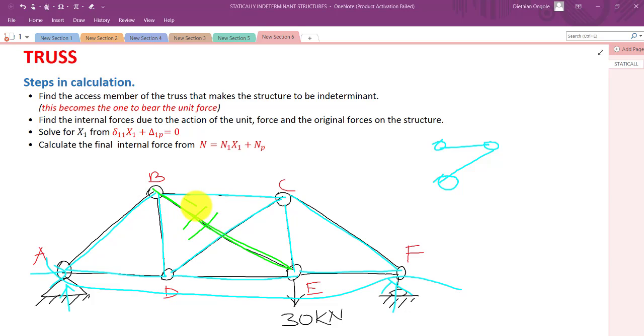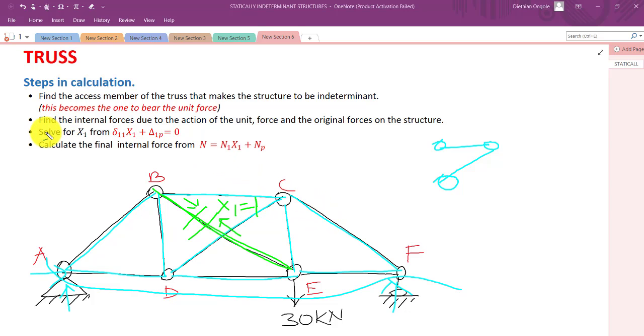If I give it that direction of action, I would be calling it x1 equal to 1. So for this system, we have only one degree of indeterminacy. If we had two excess members, it would have been a 2 degree of indeterminacy.